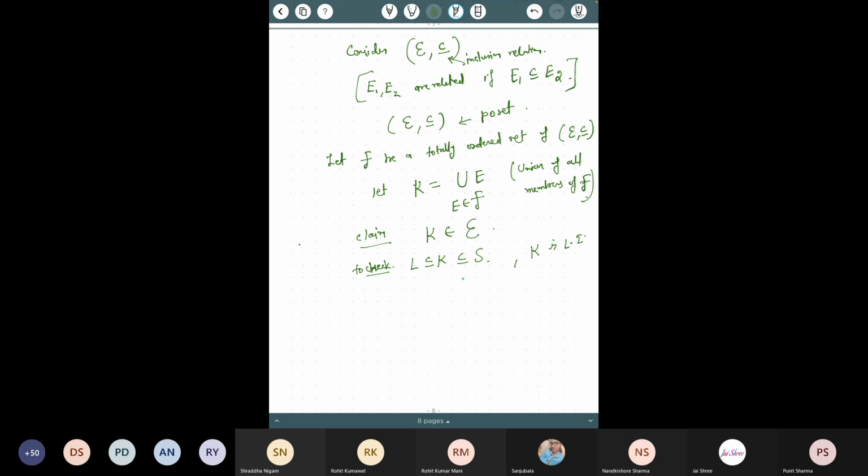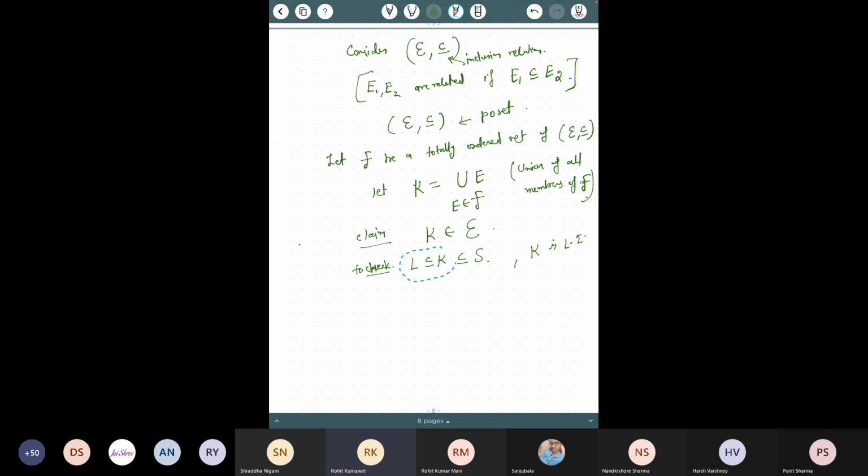Now why is K a subset of S? L may be a subset of S, as it is a spanning set.